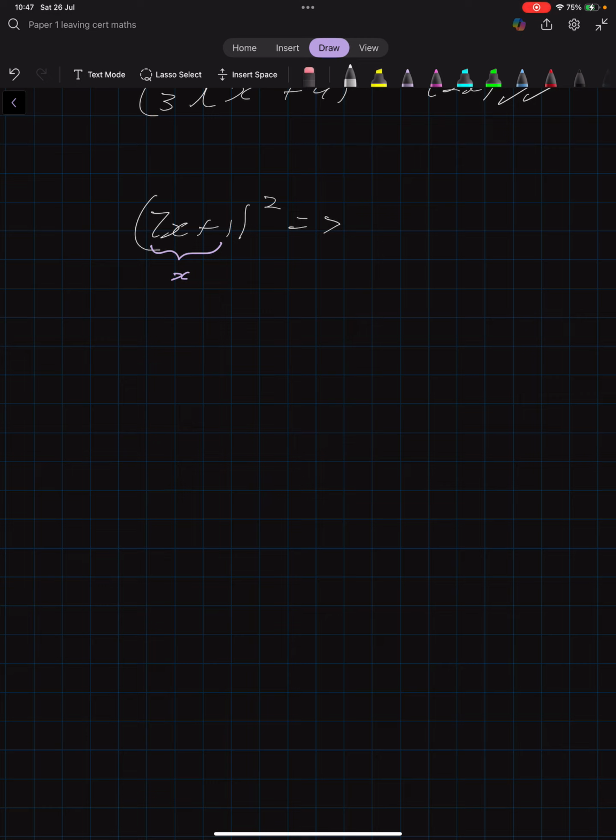Well, the power would come down and I'd take 1 off the power. Say that's f of x, this is f prime. Now, you can basically act a bit ditzy as if you don't know, and say it's no difference, and then just differentiate it like normal.